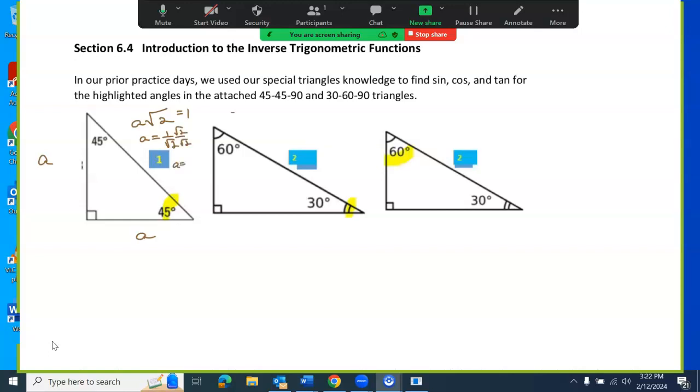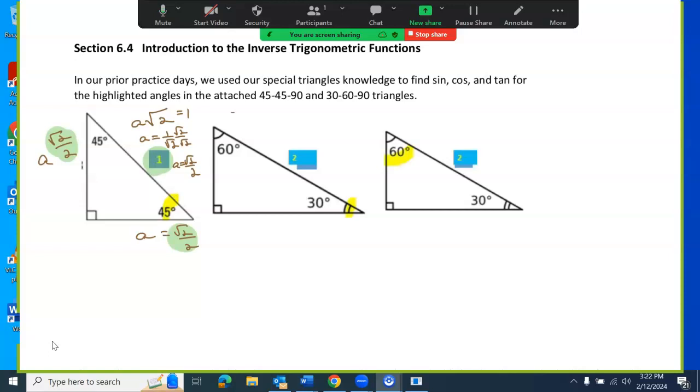So A is going to equal root 2 over 2, and since these are A's, they are root 2 over 2 and root 2 over 2. So let's just highlight in green the values I have for the sides. Okay, and then that one was given to us as a 1.